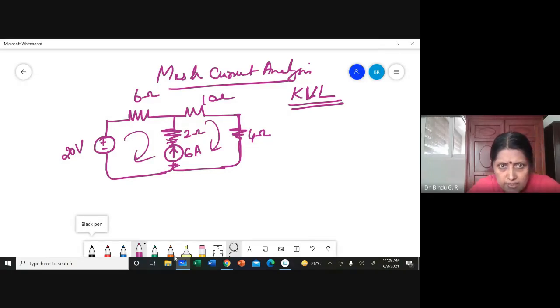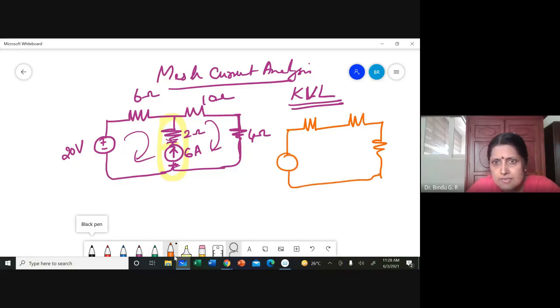This is a difference from how you do in node voltage. I'll eliminate this whole arm of the network and then just take this much: 6, 10, 4, and the voltage source.